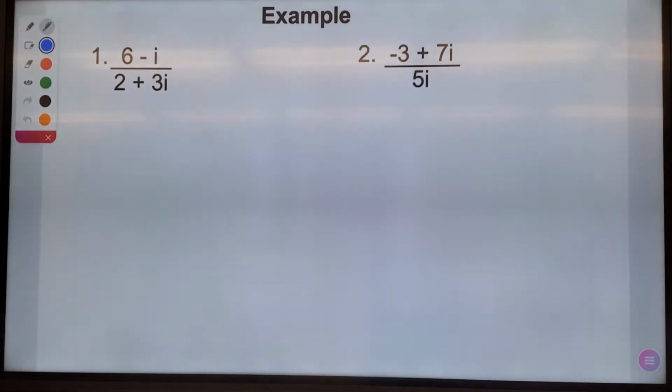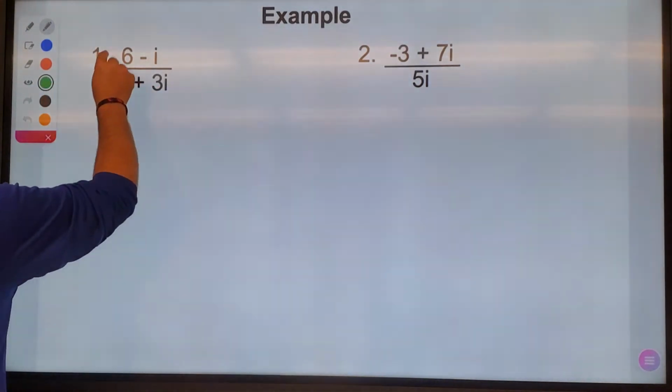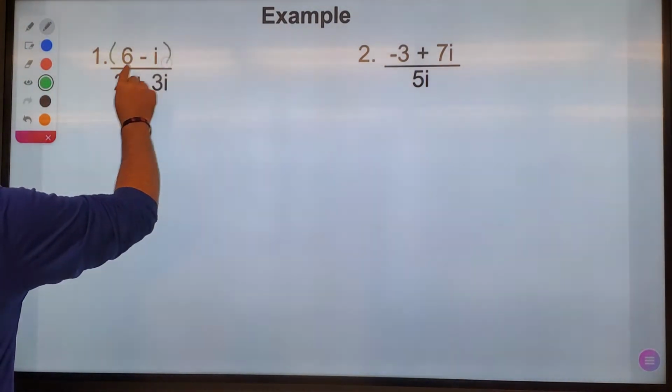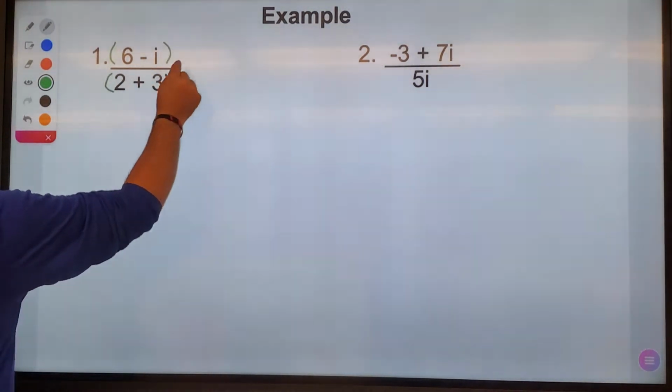Okay, so two examples here. One where I have a binomial in the denominator, and then the other where I have just a monomial. Okay, so I want you to be able to see both cases here. So I need to find the conjugate of the denominator, which means we're going to look at this expression. And again, all I'm doing is taking whatever this i term is and changing its sign.